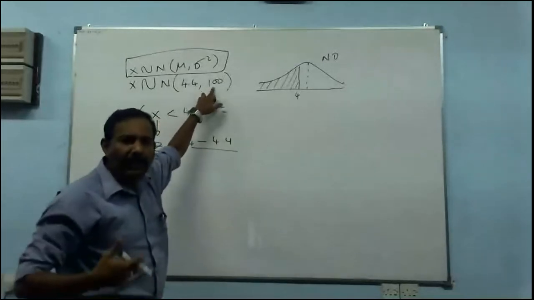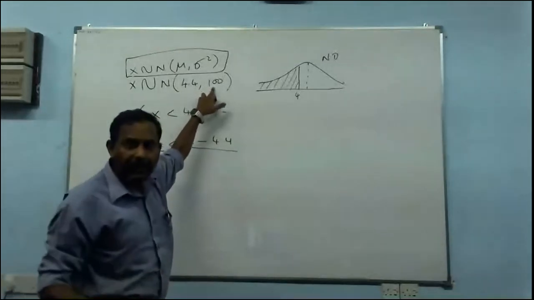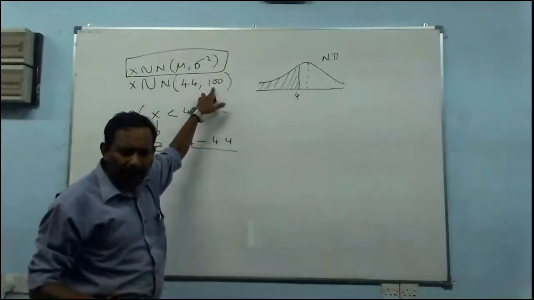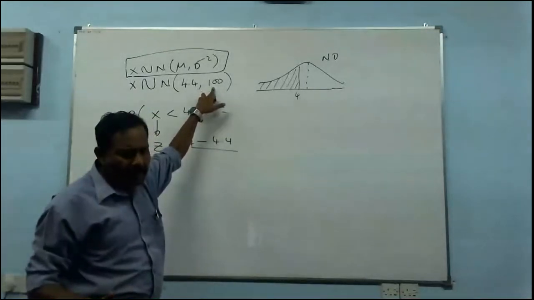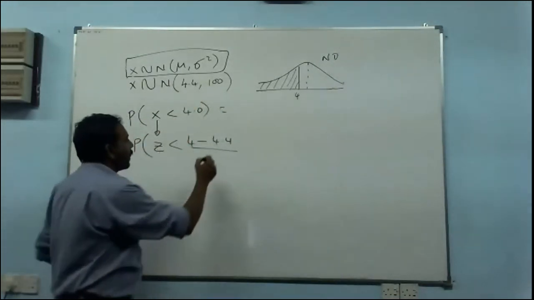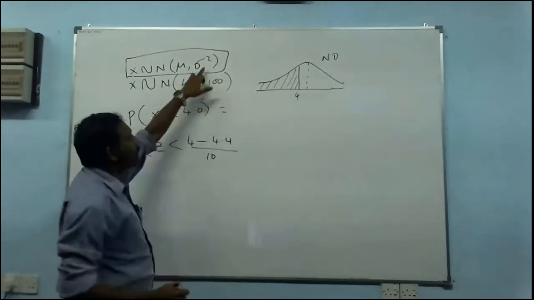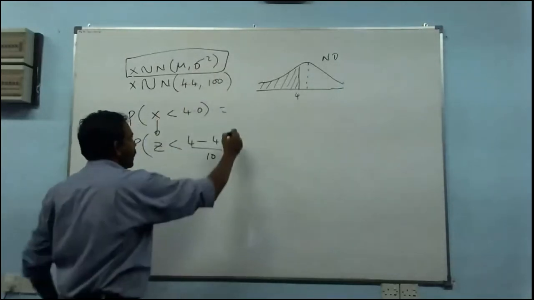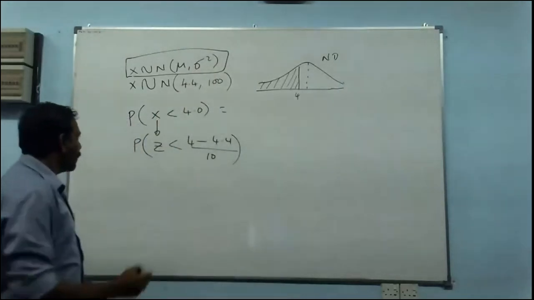Here we have sigma square variance. So what is sigma then? 10. Because here we have sigma square. So according to the formula, we have sigma. Right. Now you get the answer.